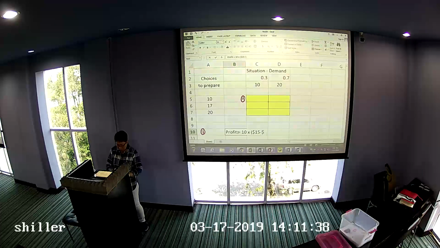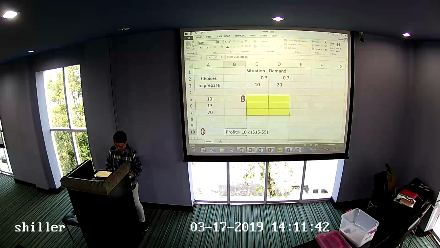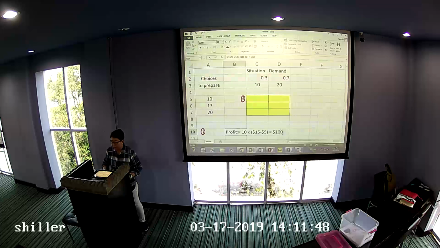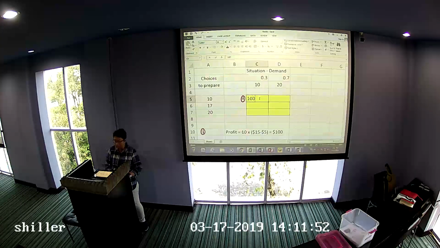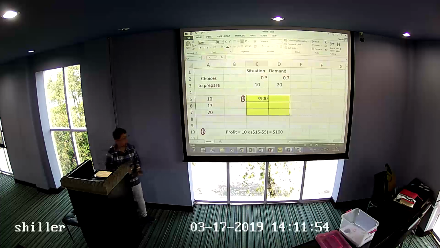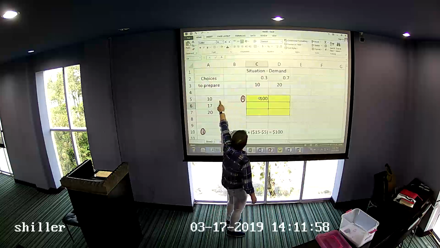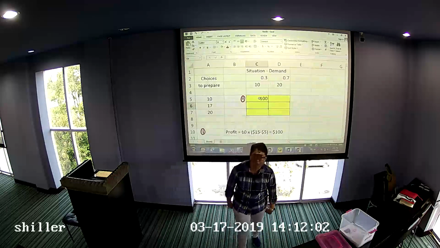So the profit is actually 10 because the selling price is 10, correct? And selling price is 15. So how much profit is here? 100, okay? So in here, if you understand the matrix, if I have prepared 10 and I sell all of them, I make a profit of 100.